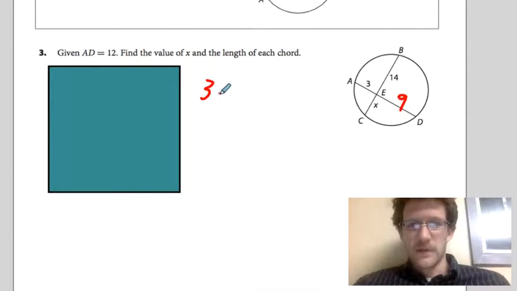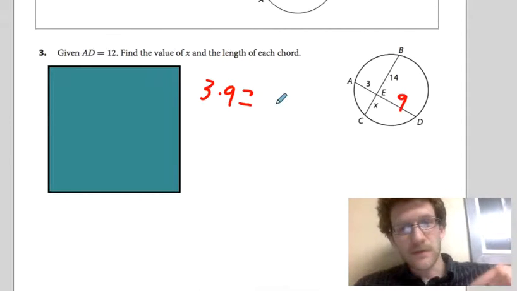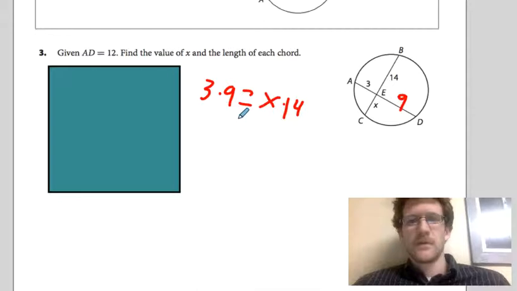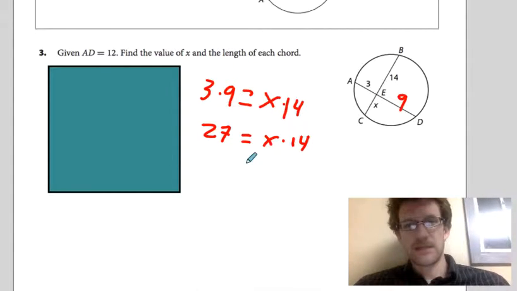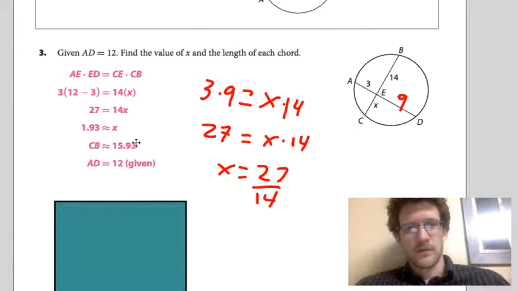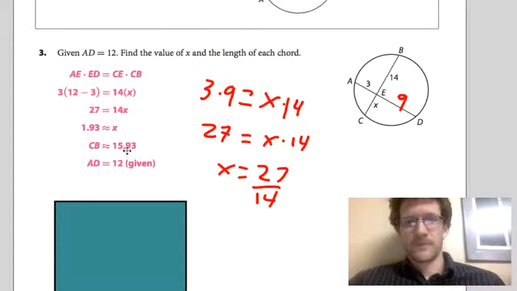So 3 times 9 is going to be equal to x times 14. We're going to be like 27 equals x times 14. So therefore x equals 27 over 14. That's CE.